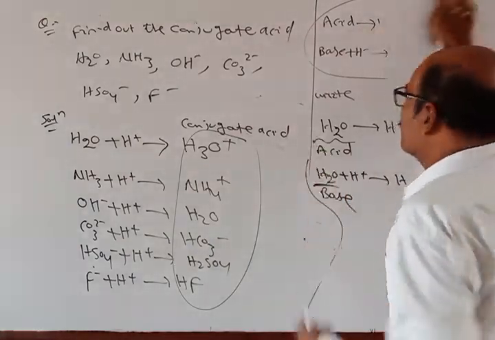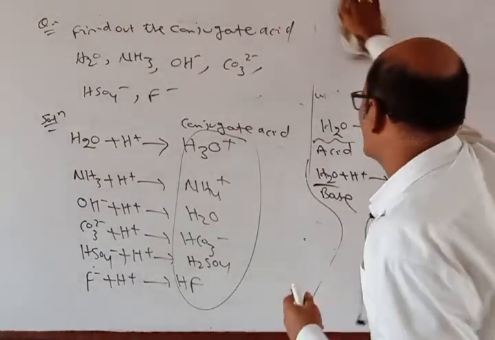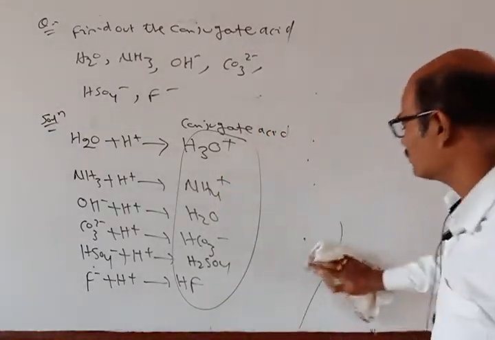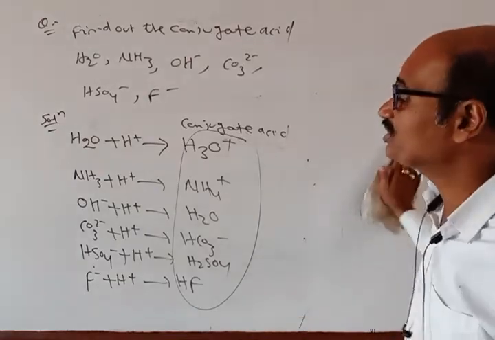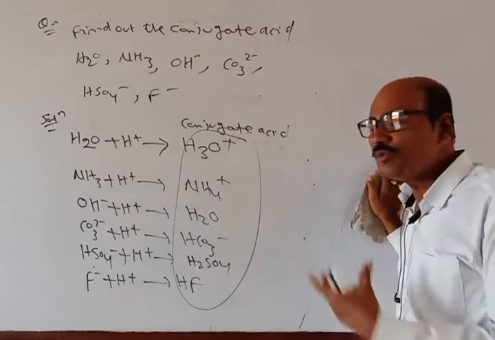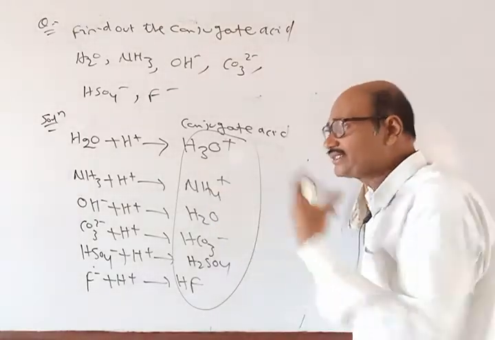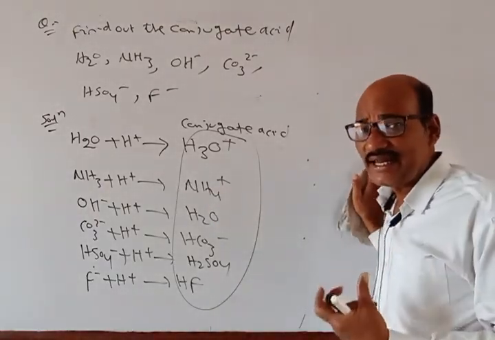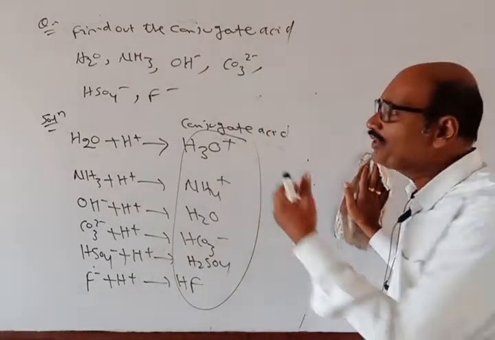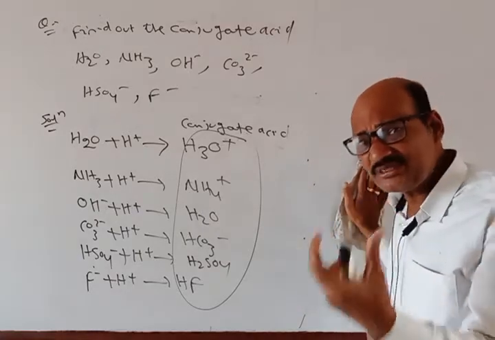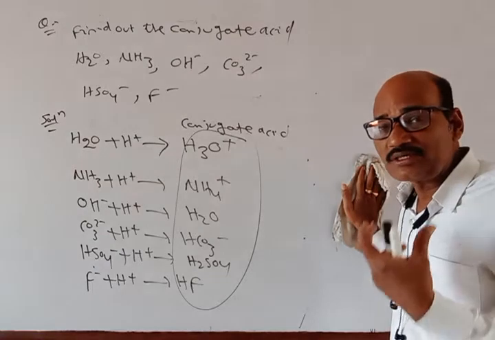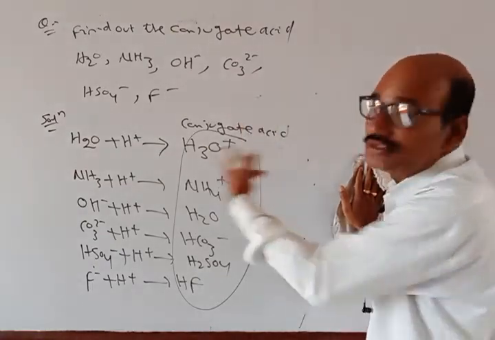So this theory, though it overcame the limitations of the aqueous medium, still has many substances which we cannot define as acid or base under this theory. We have many acidic oxides and basic oxides which do not come under this theory, and also many electron deficient species which are acidic in nature, but we cannot define them under this theory.